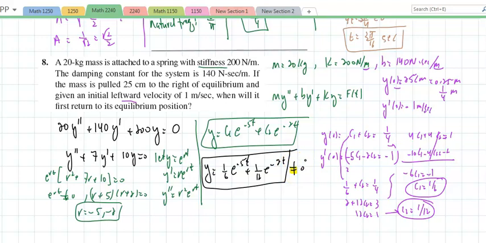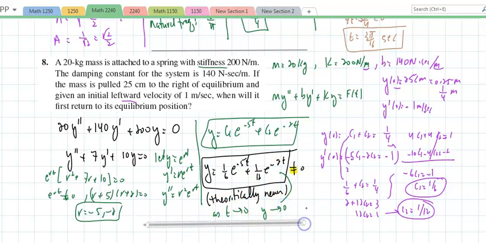Theoretically, this could never equal 0. But we know as t approaches infinity, those will level to 0. But theoretically, you could never reach there. So it's not that simple.